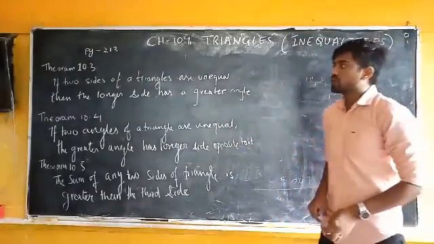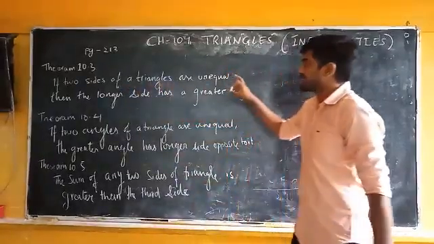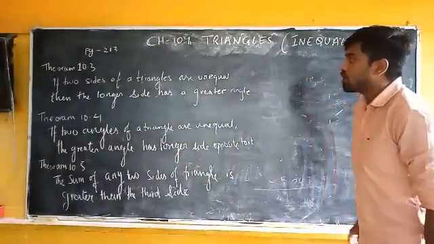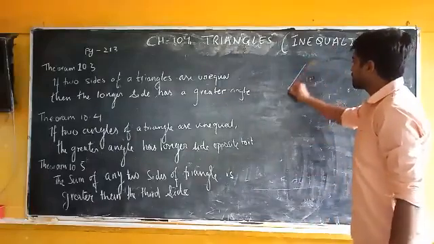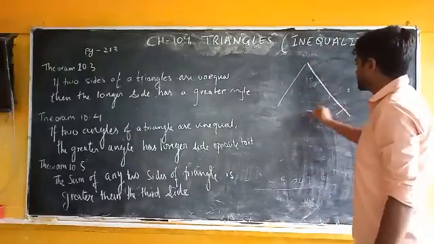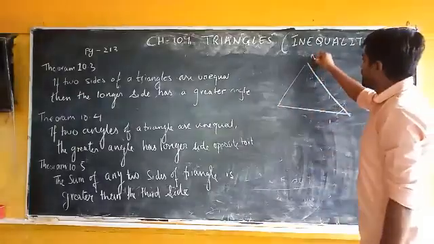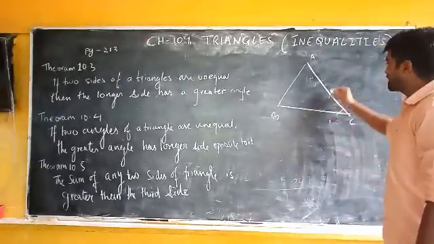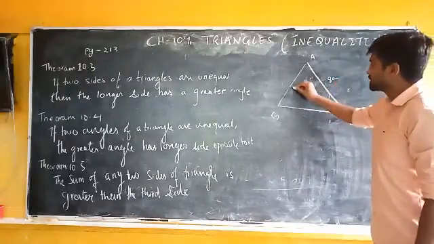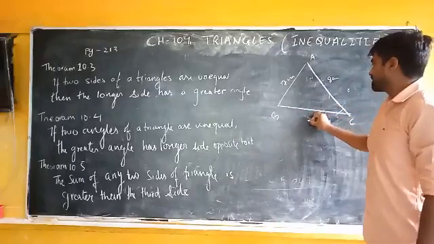So the very first theorem, on page number 213, is: if two sides of a triangle are unequal, then the longer side has a greater angle opposite to it. Let's say I have a triangle. This is A, this is B, this is C, and this side is 8 centimeter, this is 7 centimeter, and this is 5 centimeter.